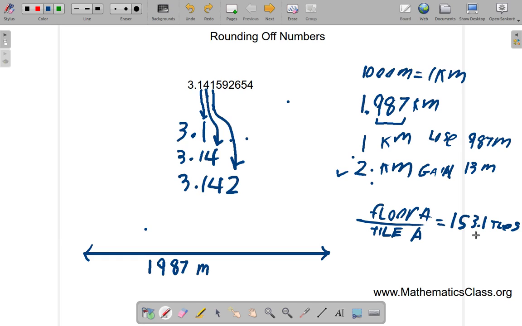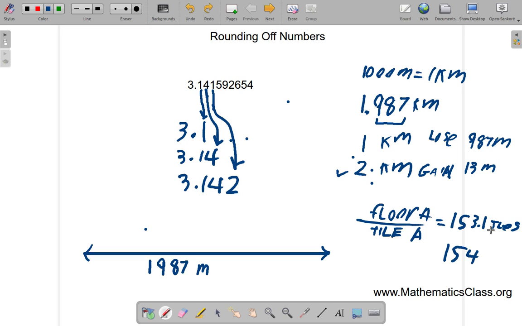But the thing is, you would have a little space left, so you need a bit more, and the hardware does not sell 0.1 tiles. So you would have to buy 154 tiles and then cut one of them into 1/10 to fill in that little space.